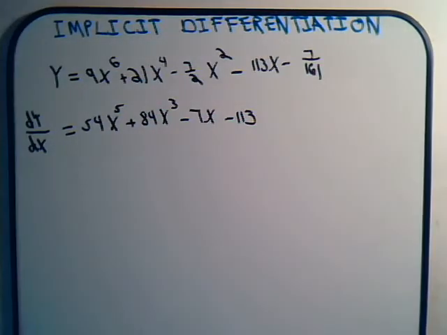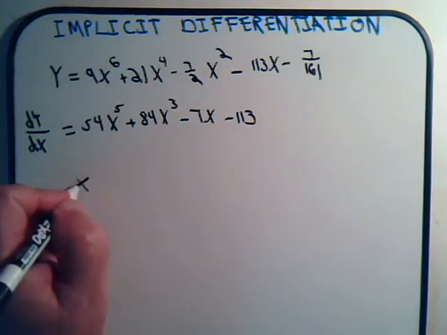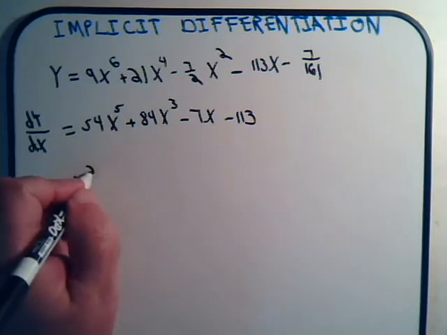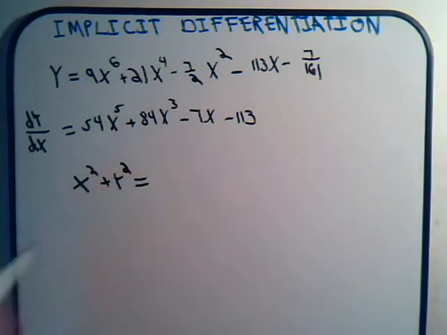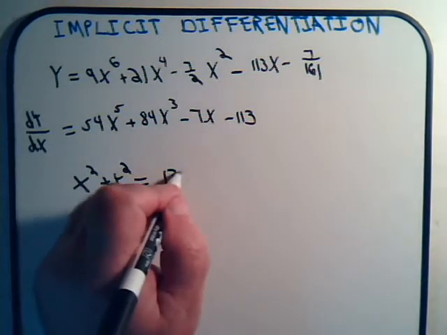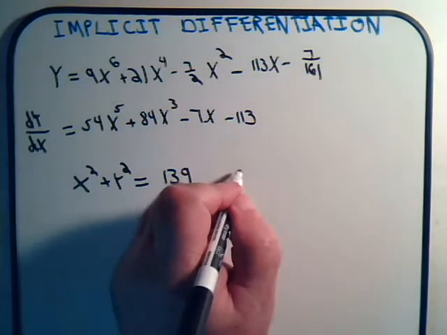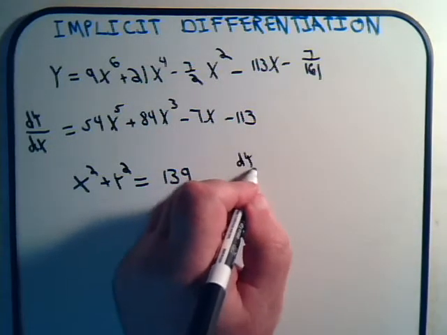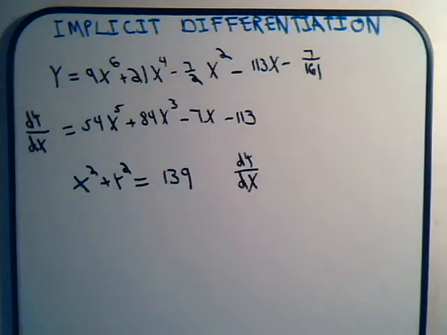Now, suppose that we had this kind of a problem. Say that we had x squared plus y squared equals, say, 139. And we want to solve for dy dx.